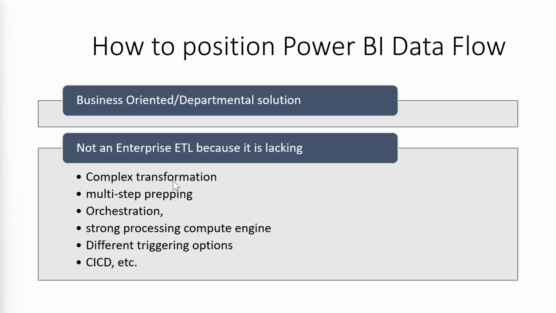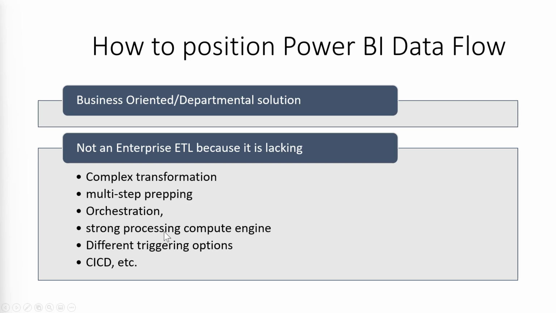It does not support multi-step preparation using complex looping transformation like you can do in Data Factory using pipelines, and the pipeline itself can be linked to other pipelines. It does not support large-scale orchestration like you can do in Azure Data Factory or Synapse Data Pipeline.